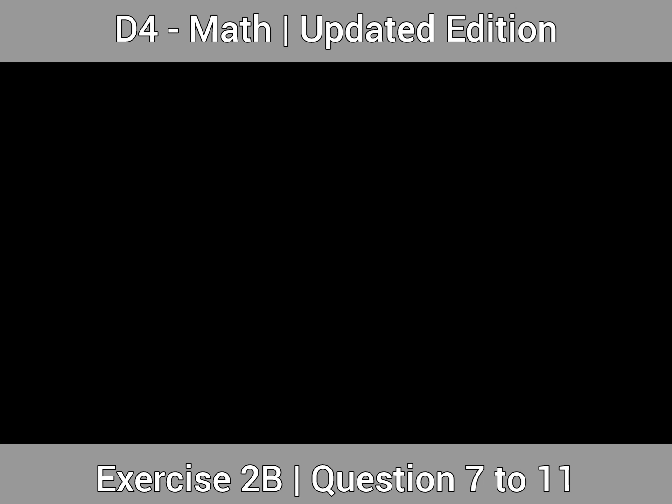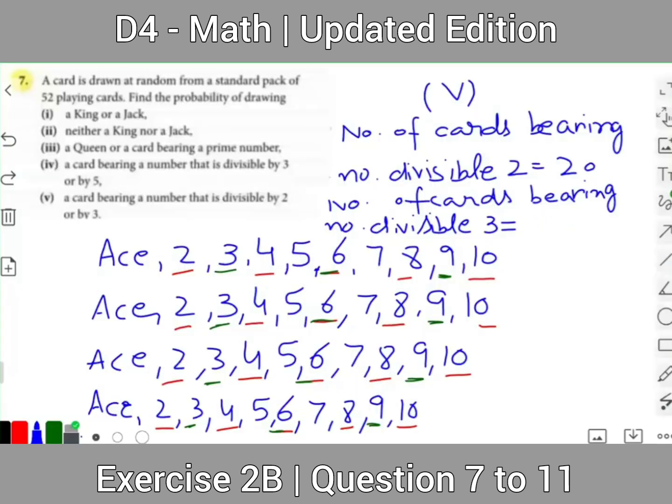Now we will count the number of cards bearing a number divisible by 3. Since the number 6 is divisible by both 2 and 3, and we have already counted 6 among the cards divisible by 2, we will exclude the number 6.